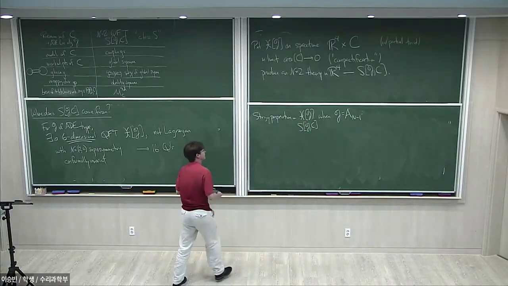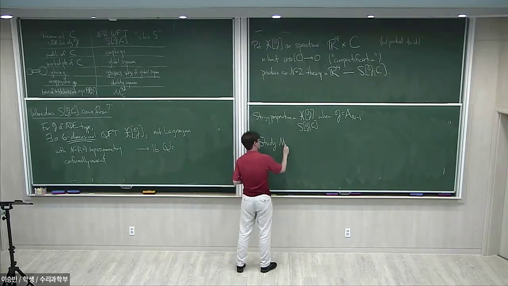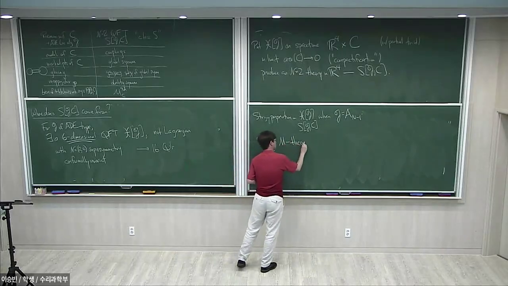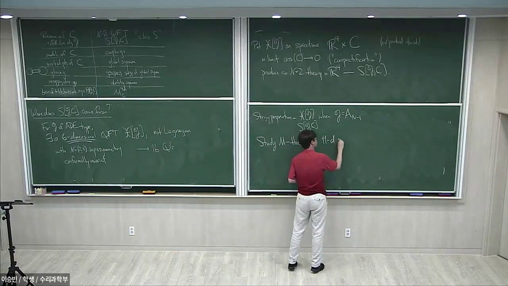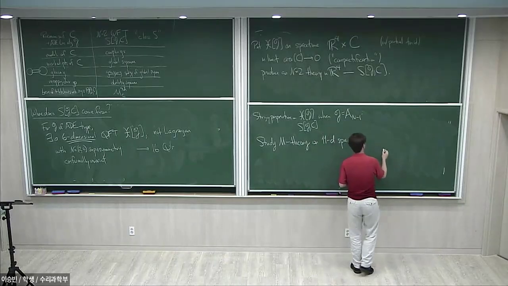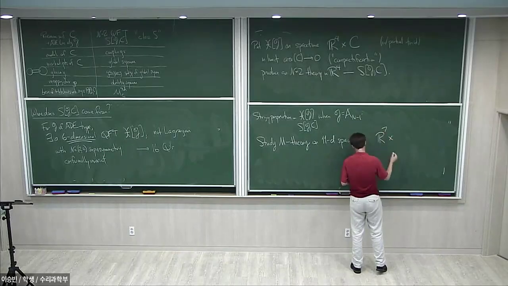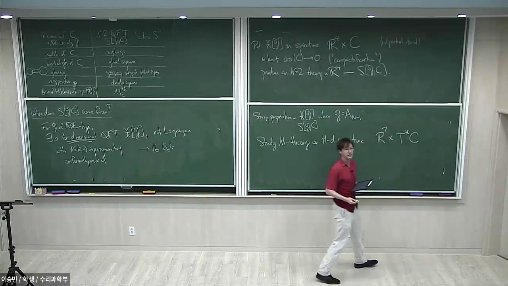So the idea is the following: we study M theory. So in M theory, the spacetime is supposed to be 11-dimensional. And the 11-dimensional spacetime that we study is R7 times the cotangent bundle to our surface, whatever it is.